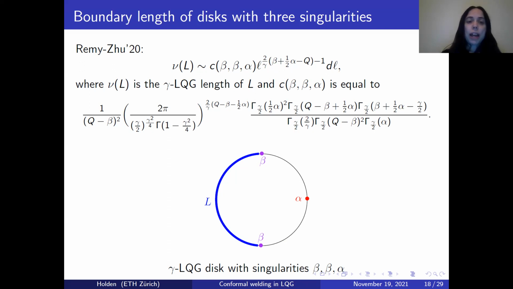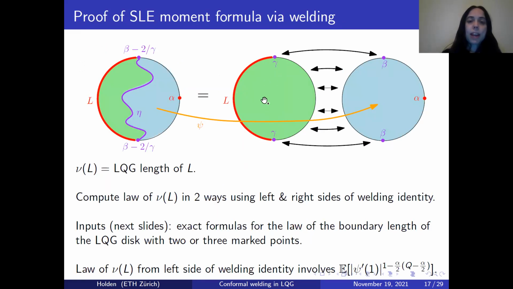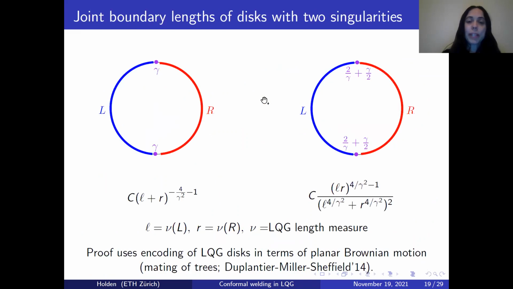Okay, so when computing these boundary lengths, the second input that we will need is the result stated on this slide. Here we are considering a disk with 2 singularities on the boundary, and we are computing an explicit formula for the joint law of the left and right boundary arc lengths.